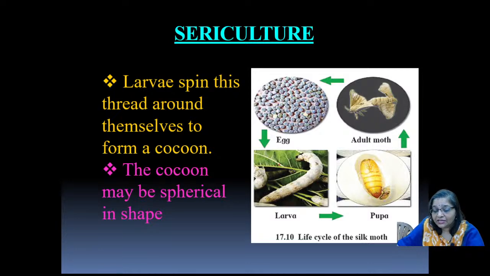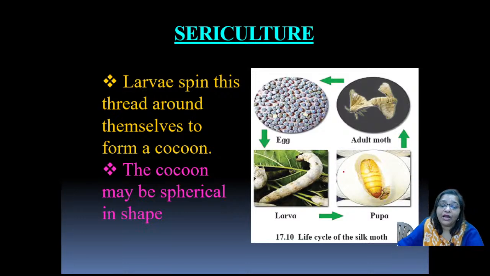After a few days, these larvae start spinning a silk thread around themselves, and they form what is called the cocoon, in which the pupa develops into an adult moth.